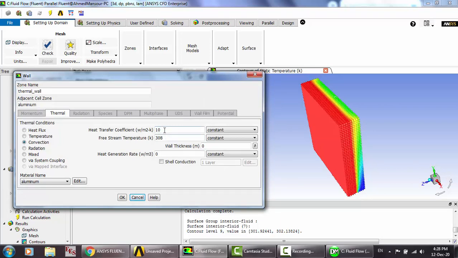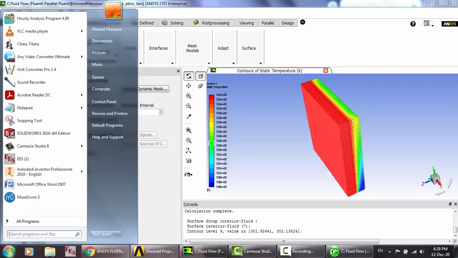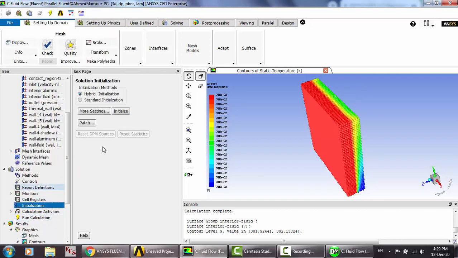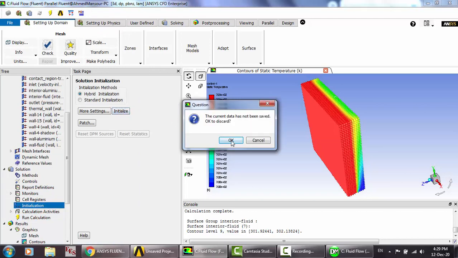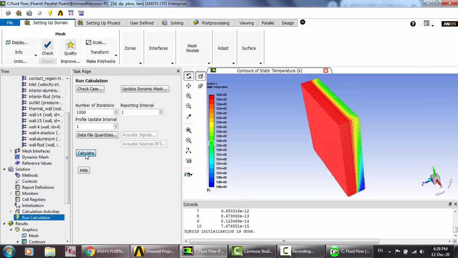What if we now increase h to 100? Remember that we have a maximum of 304 at h equal 10. Now we have h equal 100.